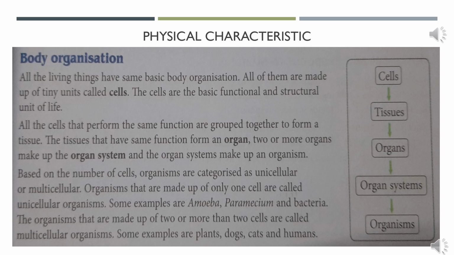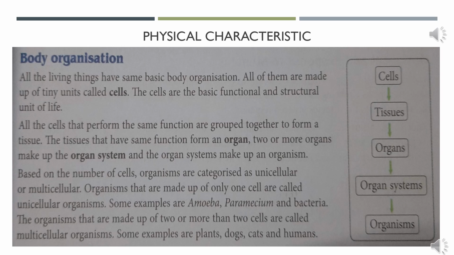Now, taking this as an example, cells. There is a huge amount of cells in our body. When cells get connected, they form tissue. For example, our muscle tissue. When these different tissues get connected together, they form an organ. When a huge amount of muscular tissues get arranged and connected together, they form proper veins and arteries in our body.